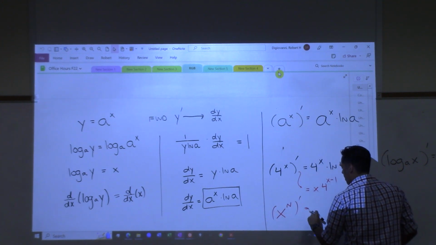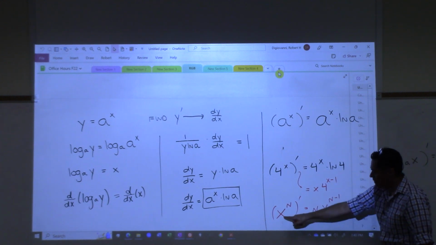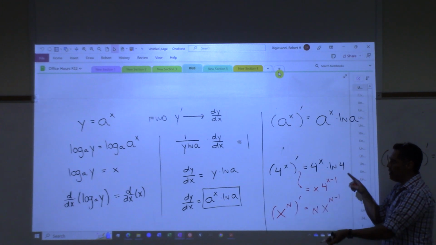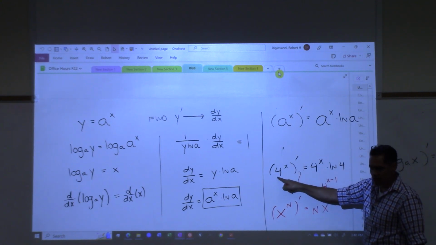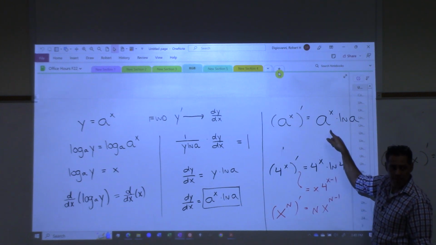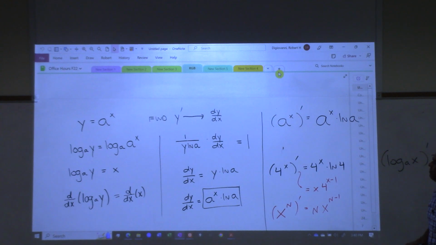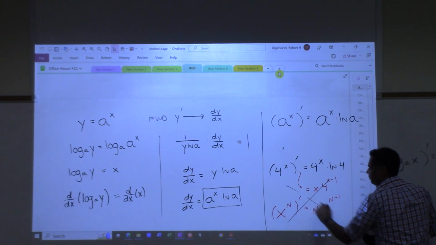Then, yes, the power comes out, you subtract 1 from the power. That is correct when the variable's here and the number's here. But when they're reversed, it doesn't follow the power rule. It follows this rule. Is there a name for this rule? I don't think there's a name, just derivative of exponential function. Okay, so this is wrong.